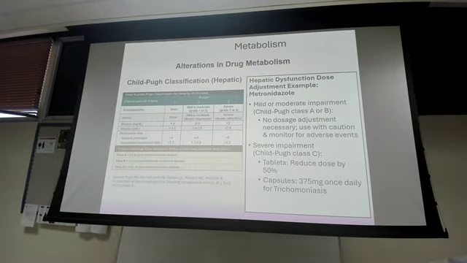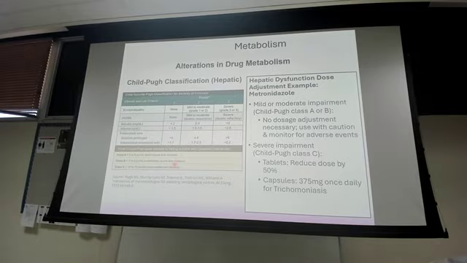This is just telling you about the Child-Pugh classification. I don't need you to remember any of this stuff up here. Just understand there are several different things that go into play. What I want you to understand is that A is the least severe and C is the most. So you have A, B, and C, and depending on the drug, you would look up that drug monograph.